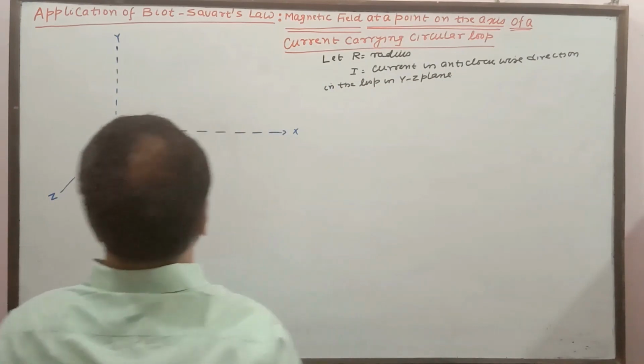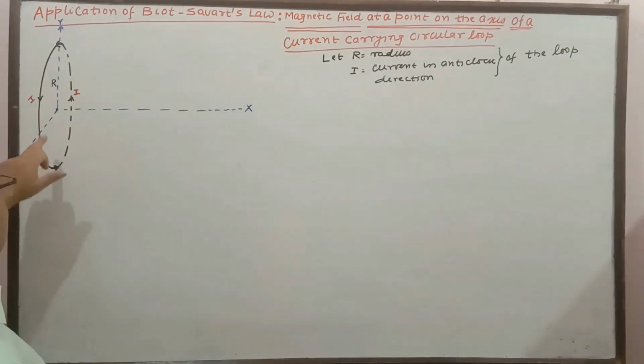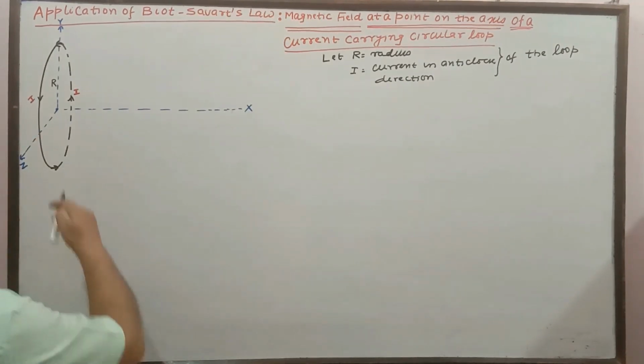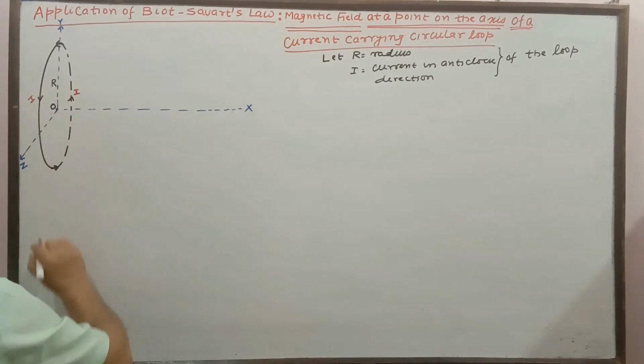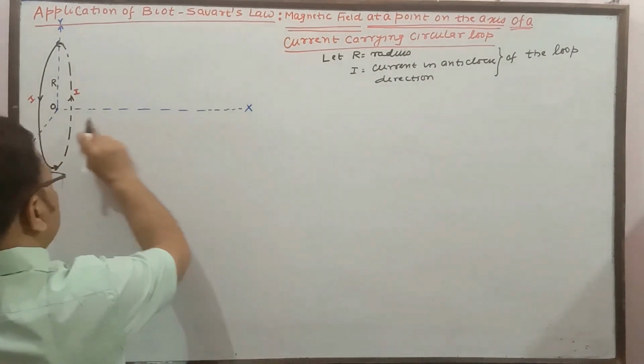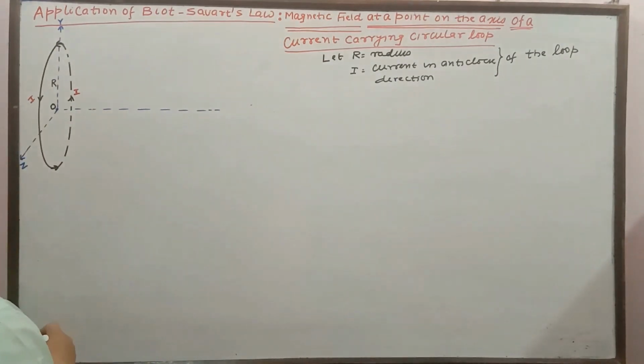So let us try to draw the loop first. Here we have the current loop. Let O be the center of the loop, and consider this the axis of the loop, which coincides with the x-axis.